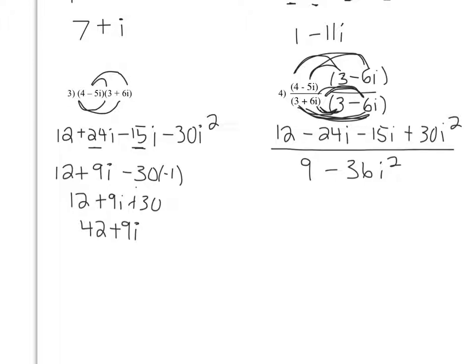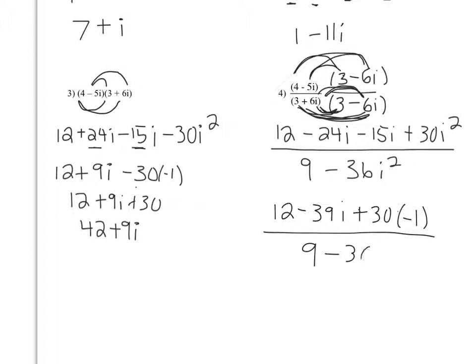So the top we can clean up a little bit. 12 minus 39i plus 30i squared. And actually, instead of that i squared, I'm going to write in my negative 1. In the denominator, I've got 9 minus 36i squared, but I'm going to replace that i squared with a negative 1.